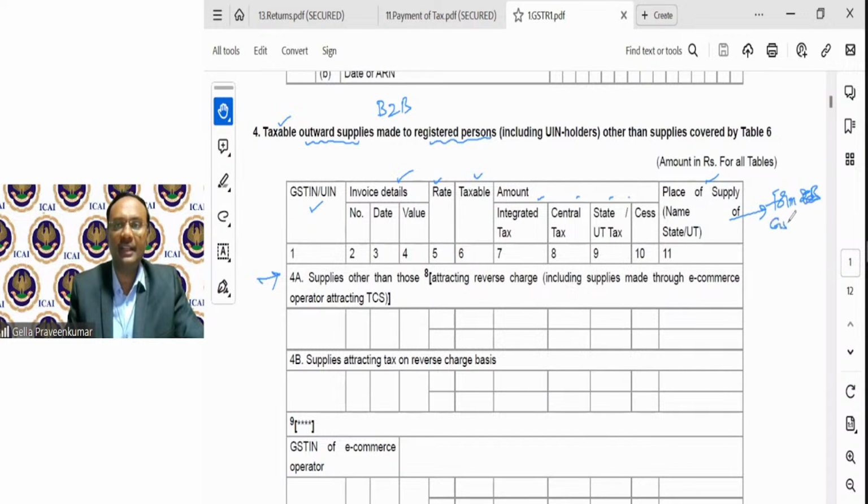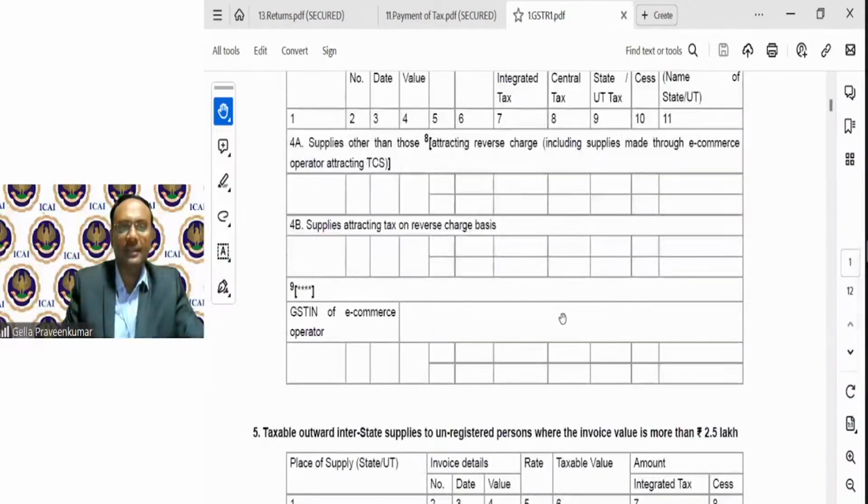GSTR-2B is the basis for availment of input tax credit, right? Then supplies attracting tax on reverse charge. Let us take the example of a GTA.